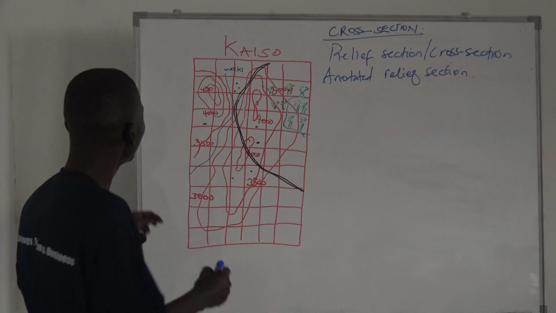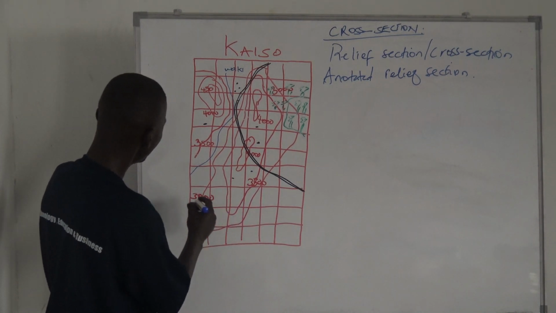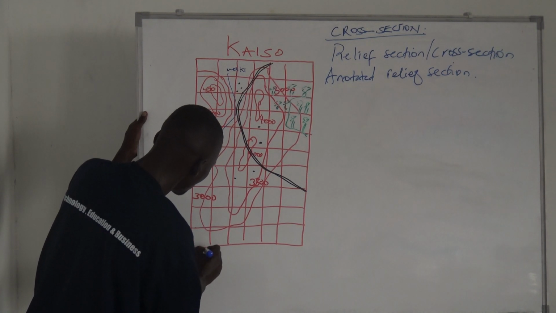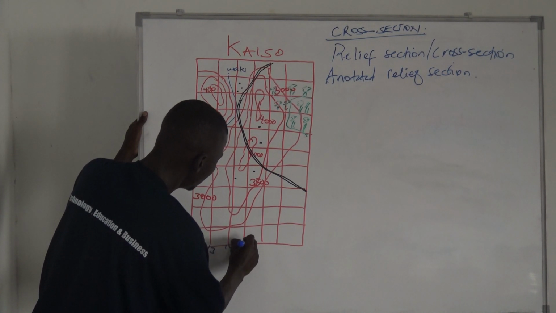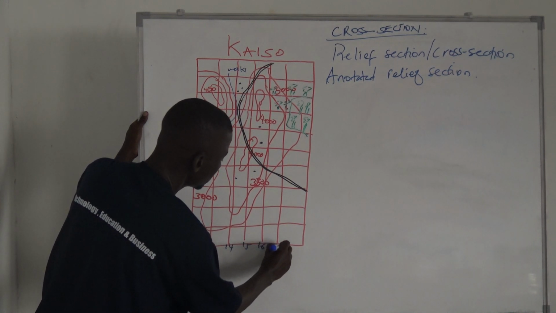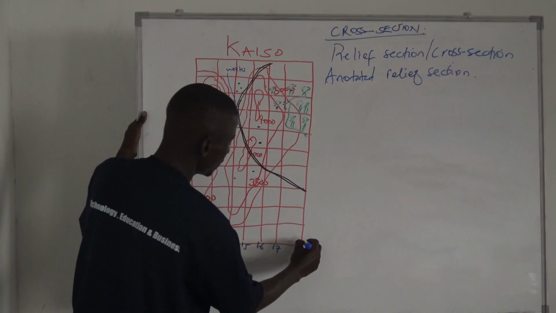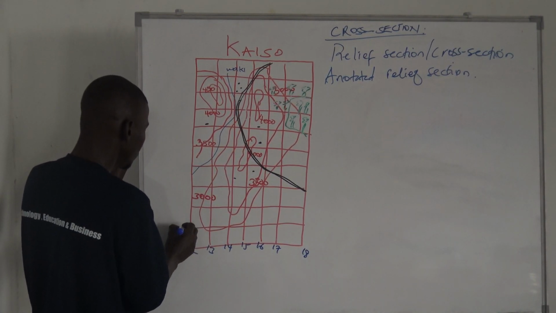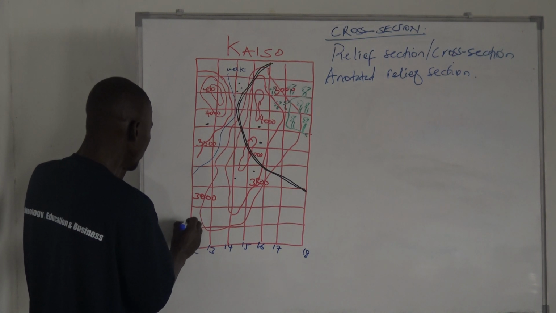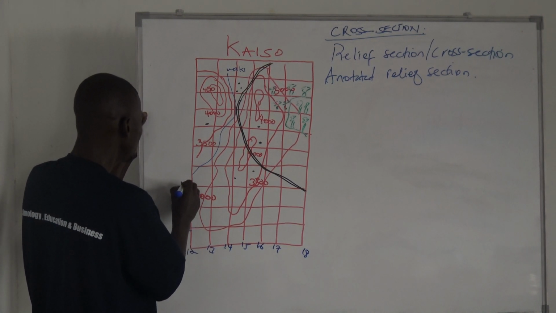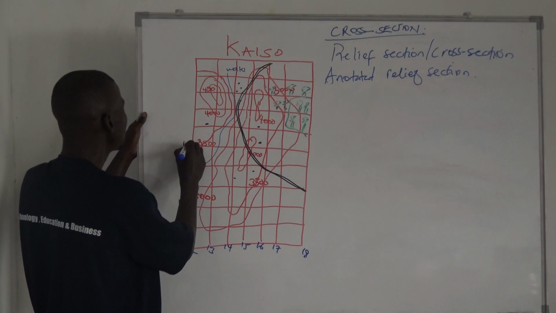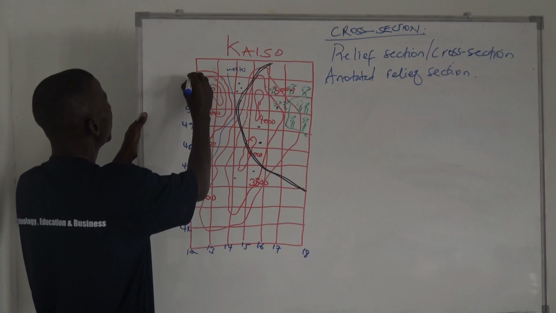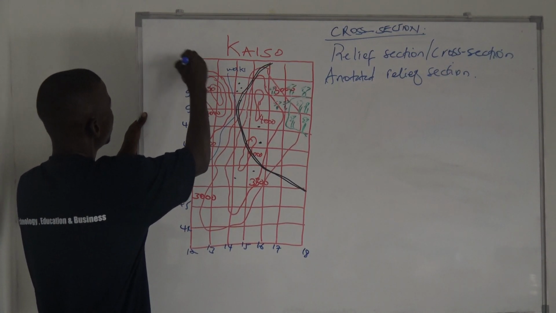Say for example, you have these lines. These are eastings. This is easting 12, easting 13, 14, 15, 16, 17, and 18. These are northings: 44, 45, 46, 47, 48, 49, 50, 51, 52, 53.